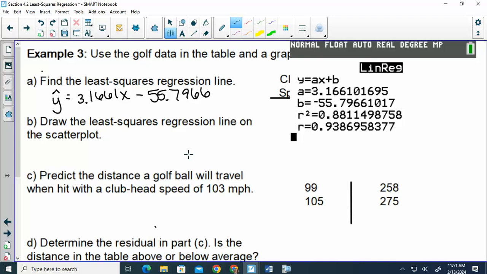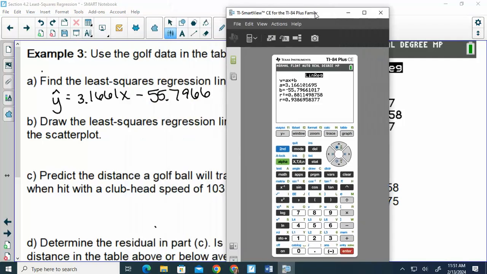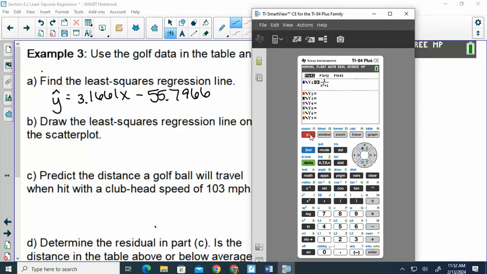If we wanted a visual for what this looked like, we could use our scatter plot. You guys remember yesterday we had our calculator graph scatter plots for us. If we go to the calculator and go to your y equals, make sure your plot 1 is turned on and it's set at scatter plot.